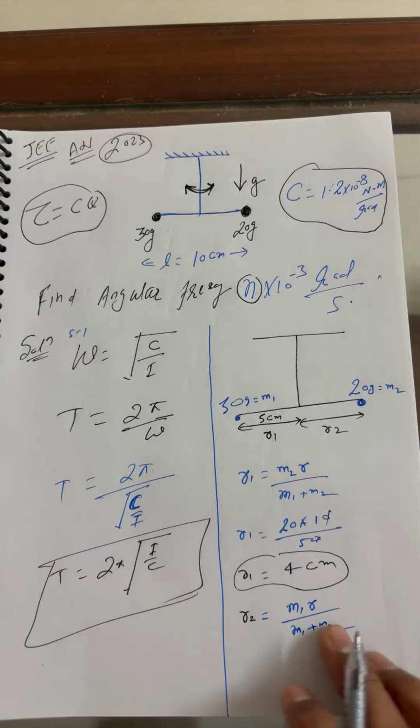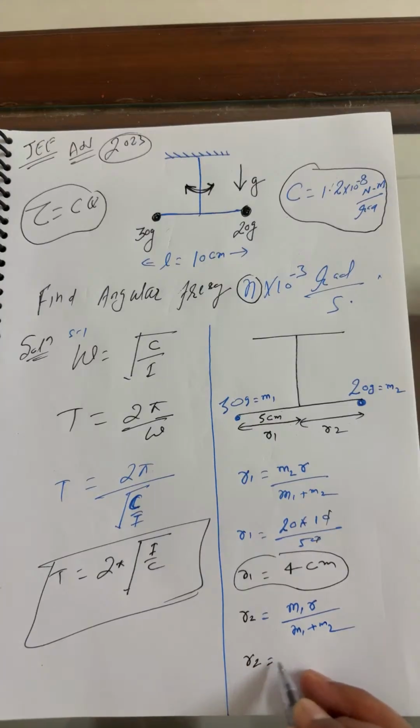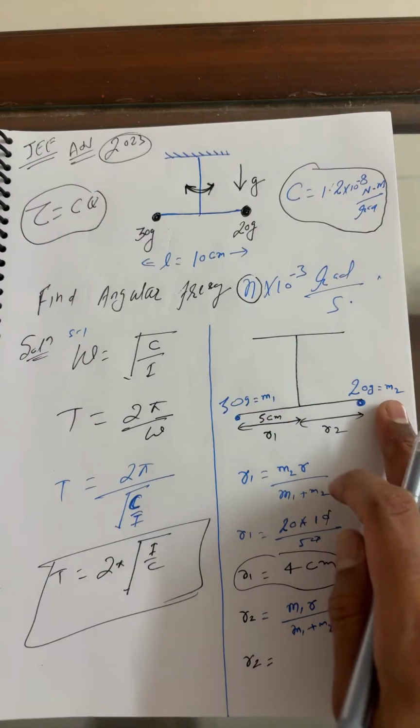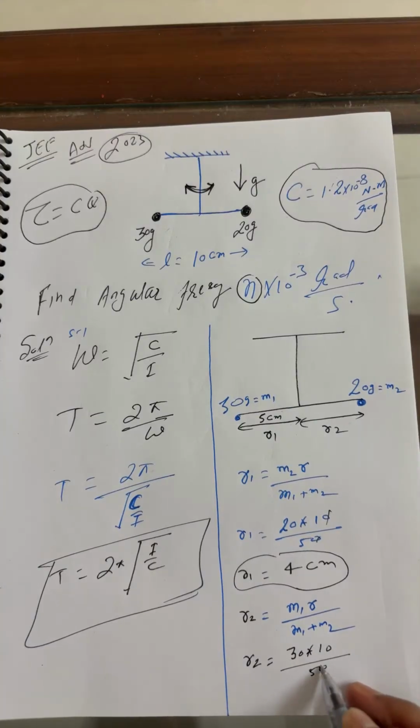M1 is 30 gram, so this is 30 into 10 upon 50. R2 we get is 6 centimeter.